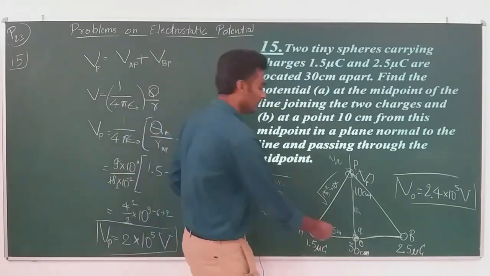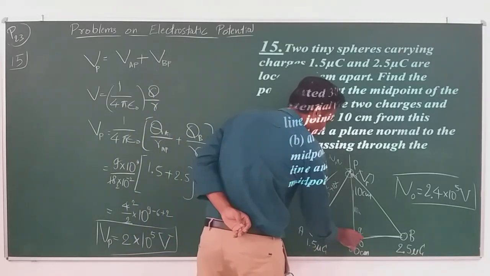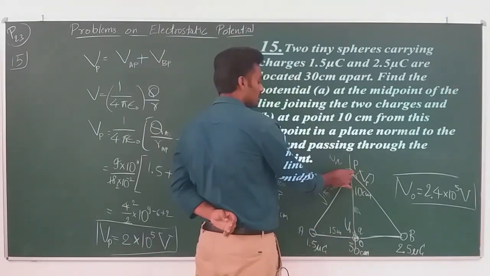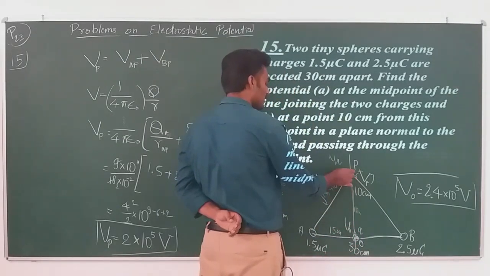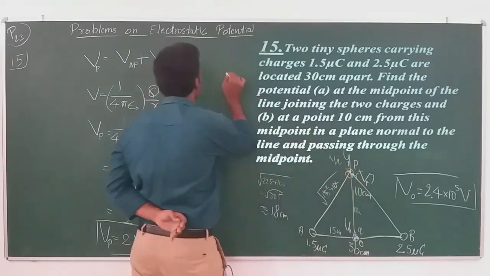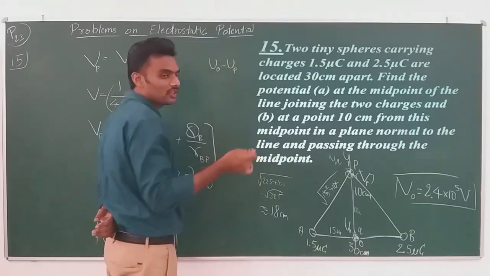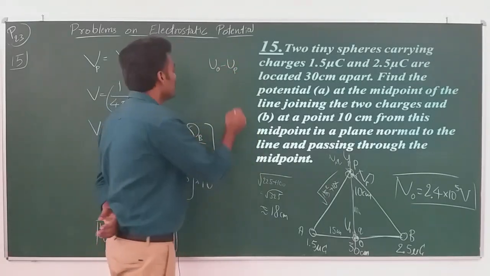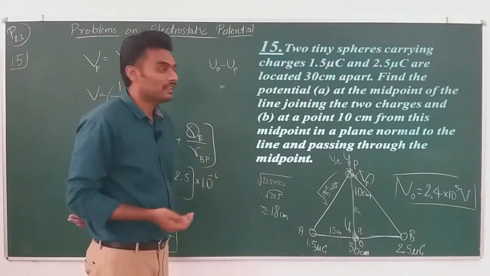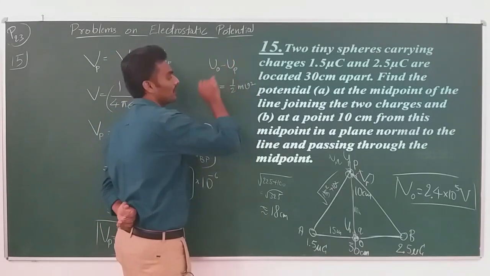So if potential energy of this charge at this point is UO, and the potential energy of the same charge at point P is UP, then UO minus UP, the loss of potential energy, is equal to the gain in kinetic energy of the same charge, which is half m v squared.